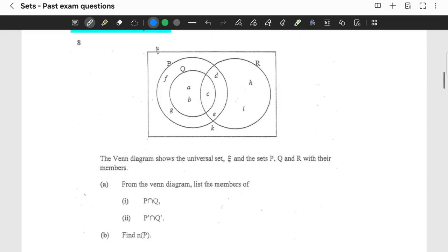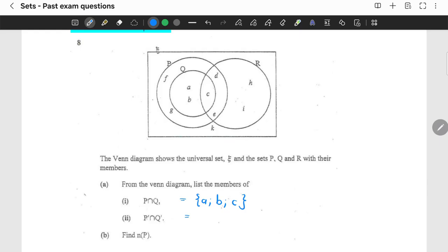From the Venn diagram, list the members of P intersection Q. So, P intersection Q is everything that is in Q because Q is contained in P, right? So that is going to be A, B, and C.